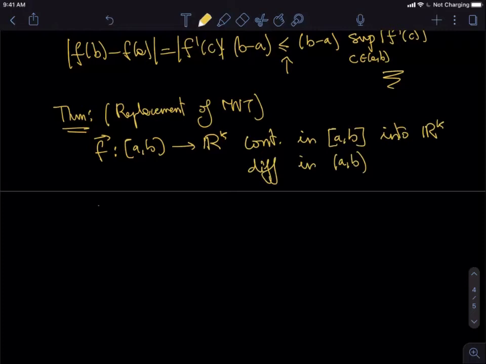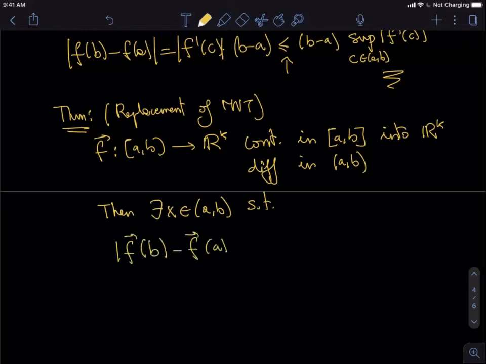Okay, then there exists some x in (a,b) such that the inequality I was saying is respected. Okay, you take f(b) minus f(a), and then this in modulus is less or equal than (b minus a) times the modulus of f'(x).